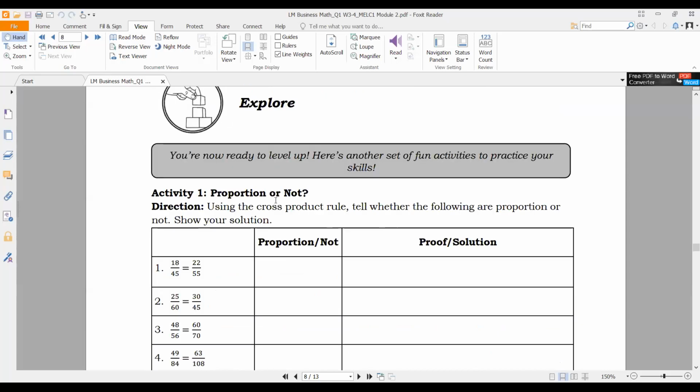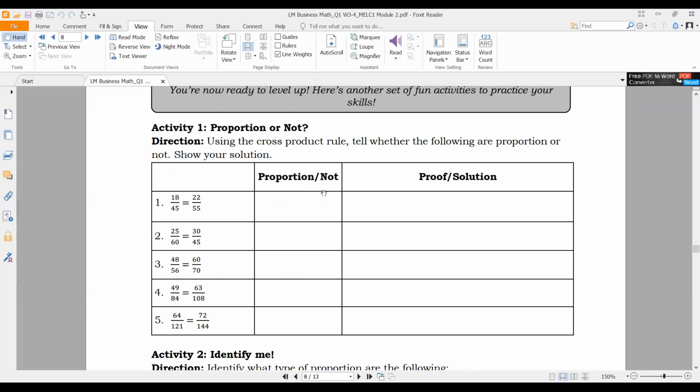Explore activity number 1. So, proportion or not, may bigay po tayo dito, sasabihin mo lang whether proportion or not, pero ipakikita mo yung solution. Yung pinakita ko po, dapat ipakita nyo kung equal ba talaga sila o hindi kapag kina-cross multiplication natin. Clear po, activity 1? Opo, sir.